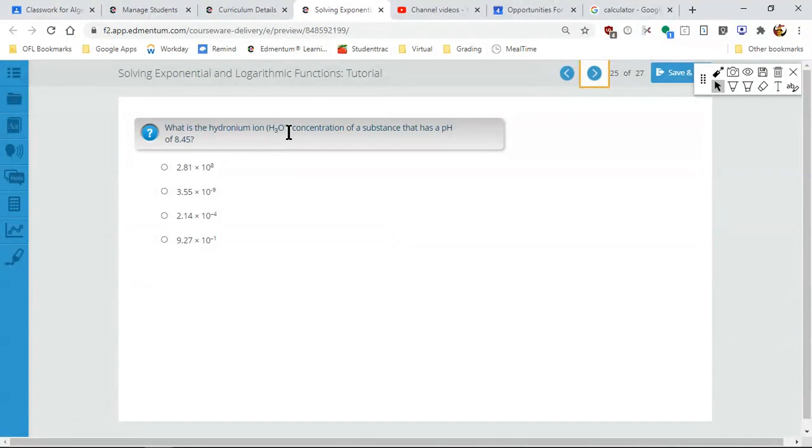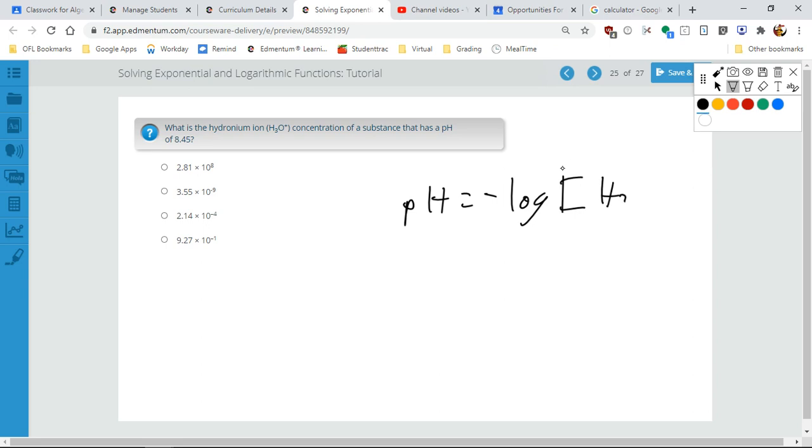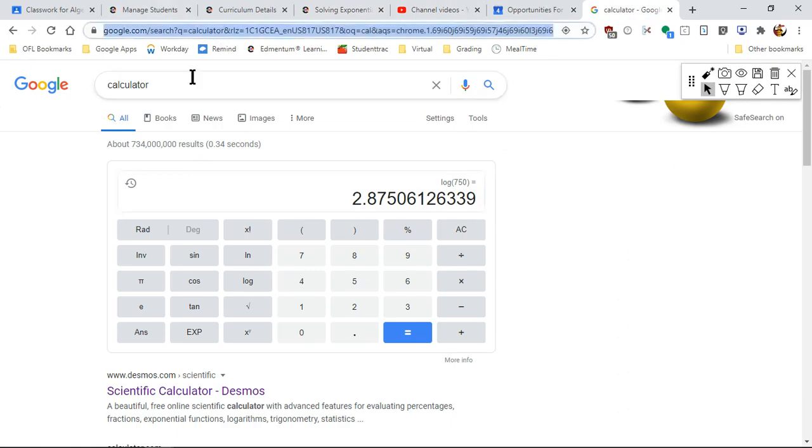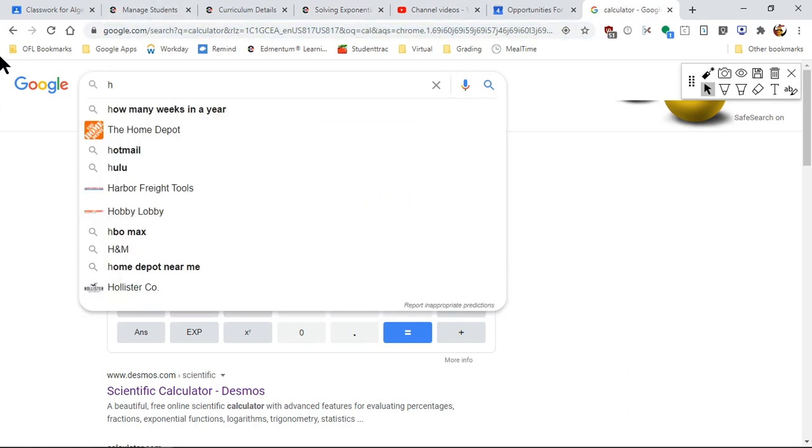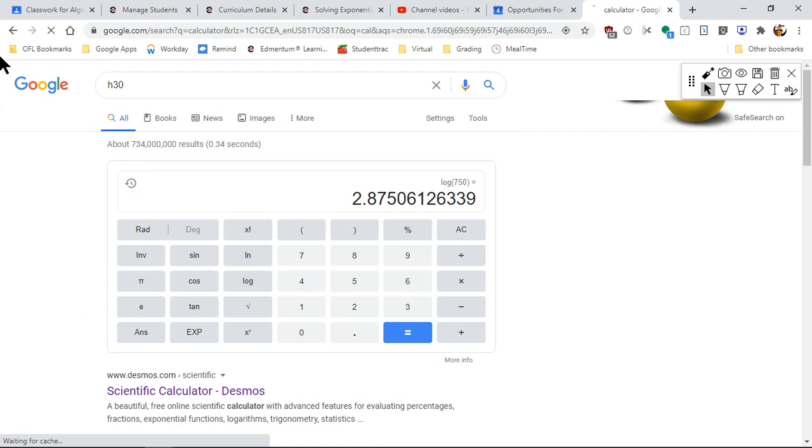All right, so now it wants us to solve for the concentration of this. So for pH, it was always pH equals, I believe it's negative log of the concentration of, is this hydroxide? It's going to bug me now. H3O.